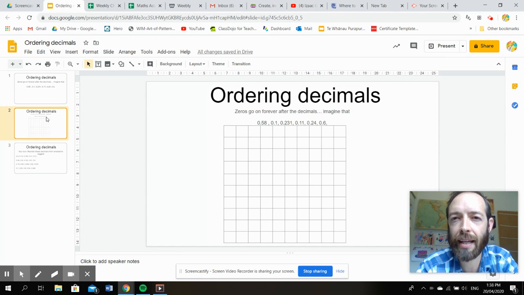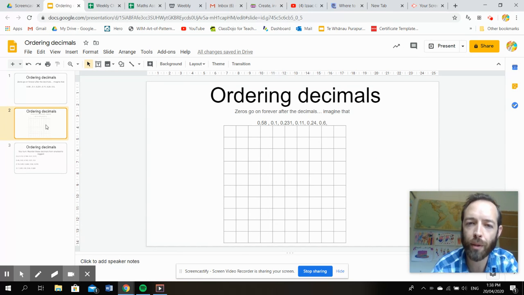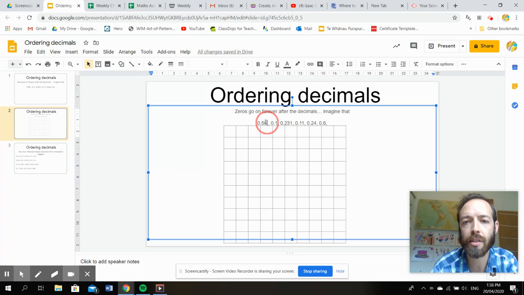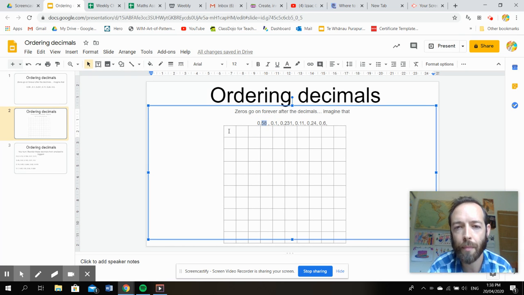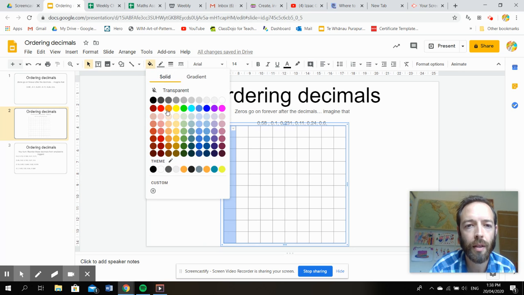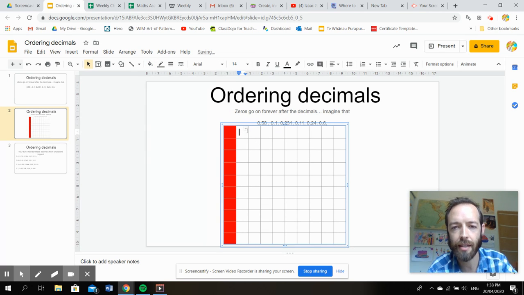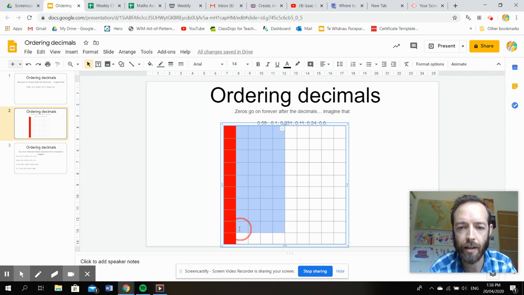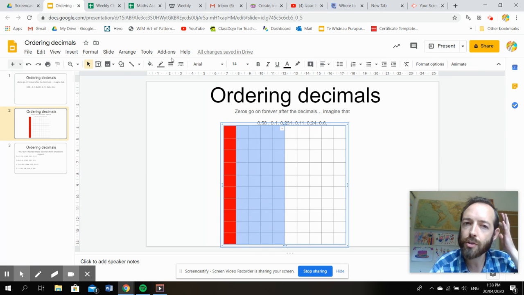Here we've got, let's say, a chocolate block, and it's broken into 10 rows of 10. So if I was to take a number like 0.58, I would have a tenth, and actually I would have that tenth, 2 tenths, 3 tenths, 4 tenths, 5 tenths all together.